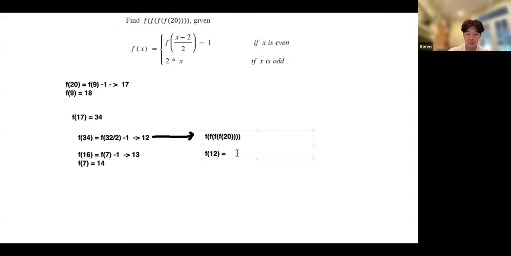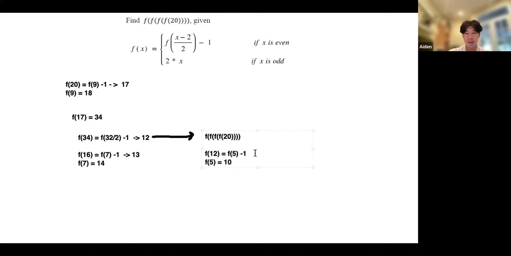Right, so f of 12 is equal to f of 12 minus 2, which is 10, divided by 2, which is 5, and then minus 1. And f of 5 is equal to 10, since this is the base case here.